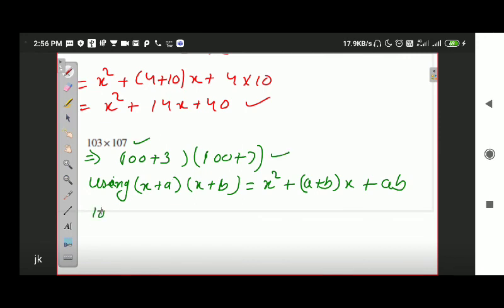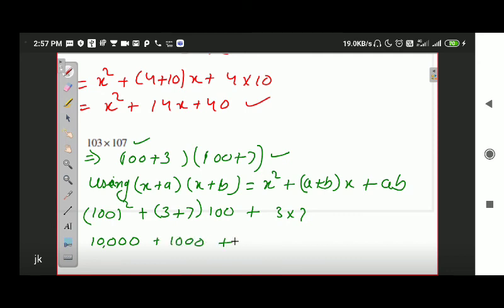This will be 100 square plus 3 plus 7 into 100 plus 3 into 7. 100 square is 10,000, plus 3 plus 7 is 10, 10 into 100 is 1000, plus 3 sevens are 21. Then your final answer is going to be 11,021. This is your final answer.